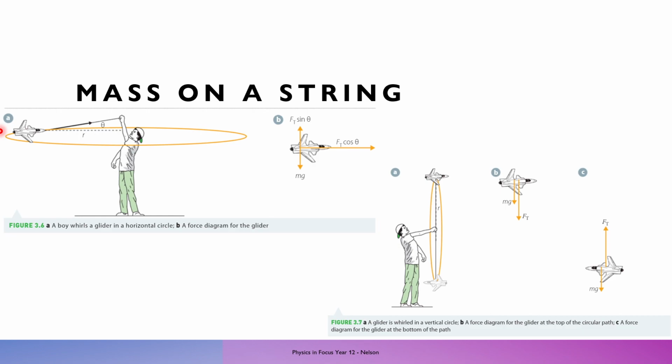A lot of the time though, when we have a mass on a string, we'll find that there is some sort of angle theta. And there's a couple of ways that we can express theta. Either we could refer to it as the angle between the radius of the object in the circle and the string itself, or we could also talk about it in terms of the centripetal force and the force of tension on the rope.